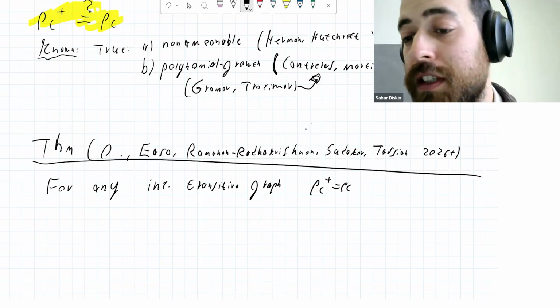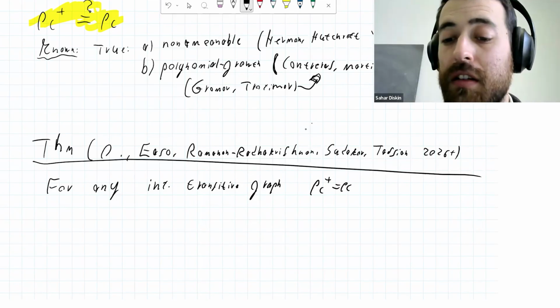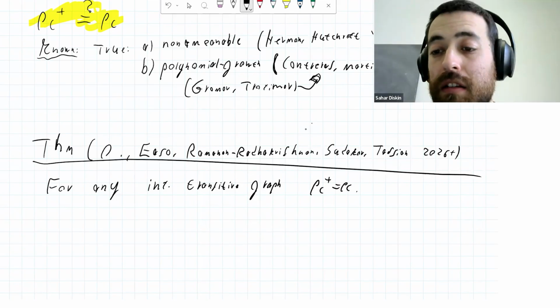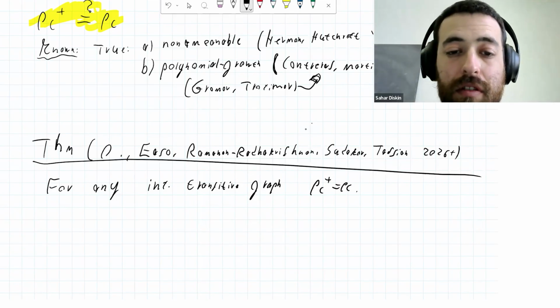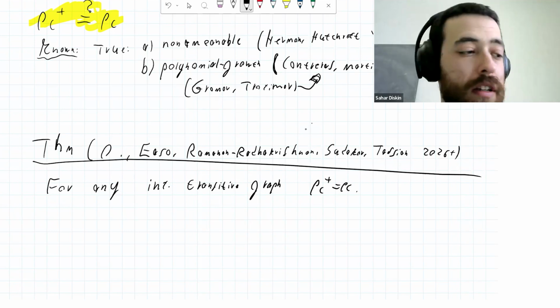That is, we have this exponential decay regardless of how the graph looks like.